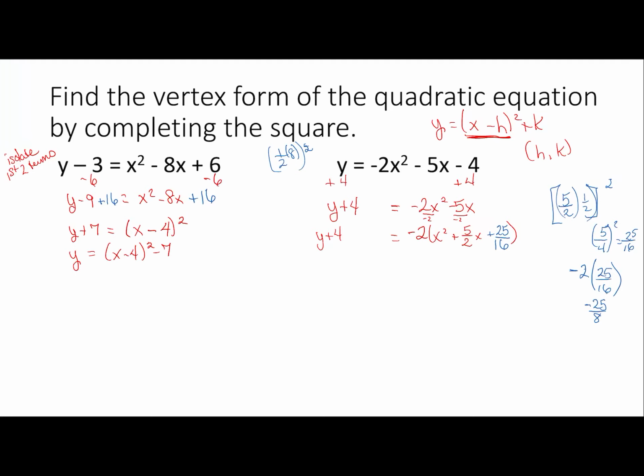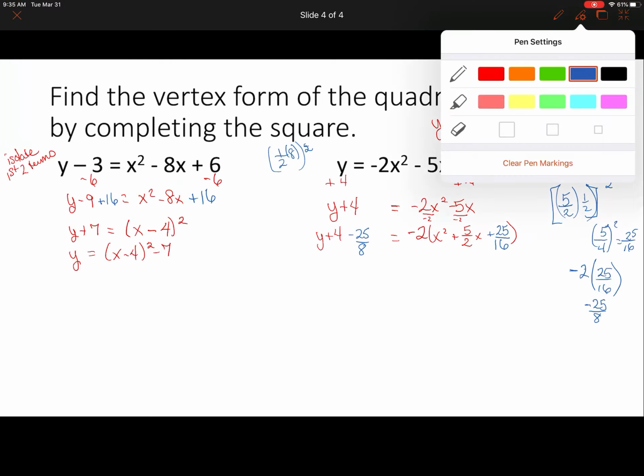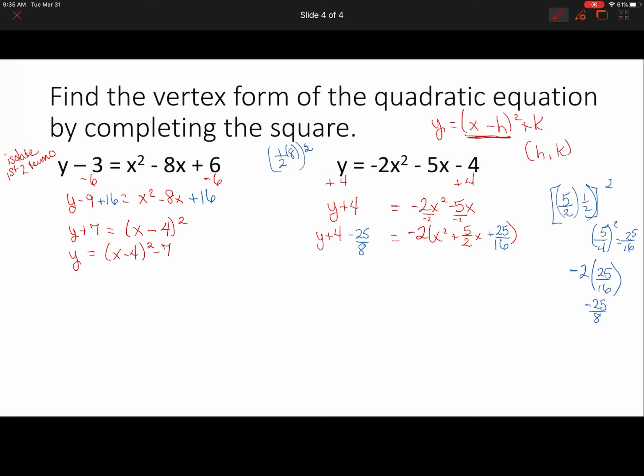So I need to subtract a negative 25/8 from the left side as well. So now we're ready to simplify or combine, and we have to write our 4 as eighths. So 4 times 8 is 32. 32 eighths minus 25 eighths is going to be equal to 7 eighths.